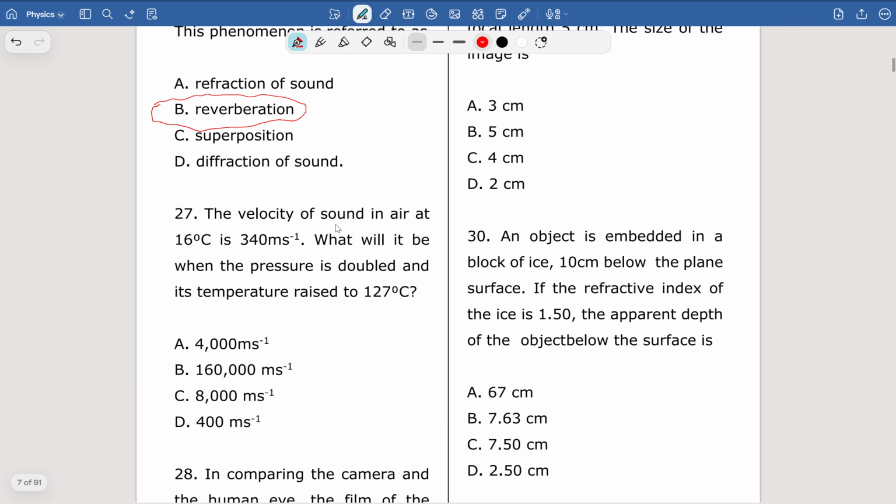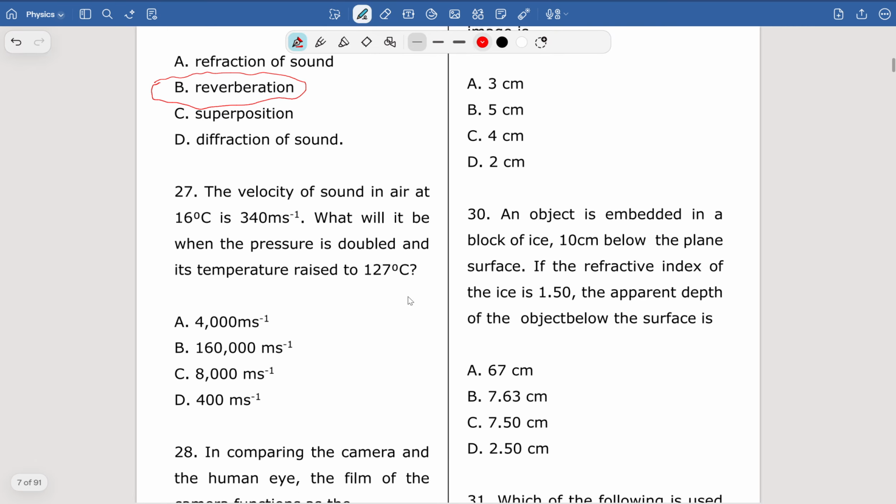27, the velocity of sound in air at 16 degrees Celsius is 340. What will it be when the pressure is doubled and its temperature raised to 127 degrees Celsius? First, you want to be sure where this pressure is coming from, and the parameters given might point to what you are actually working with.